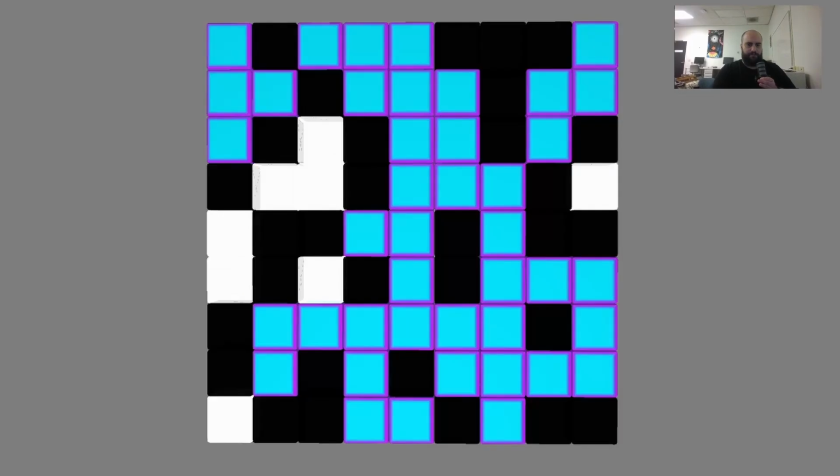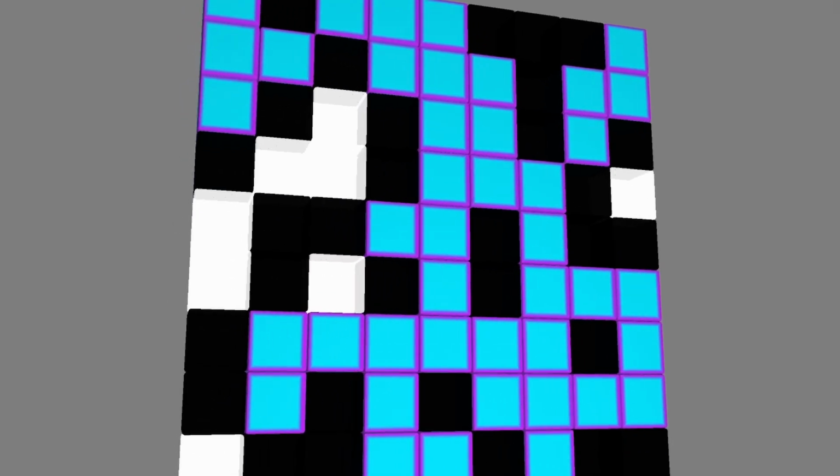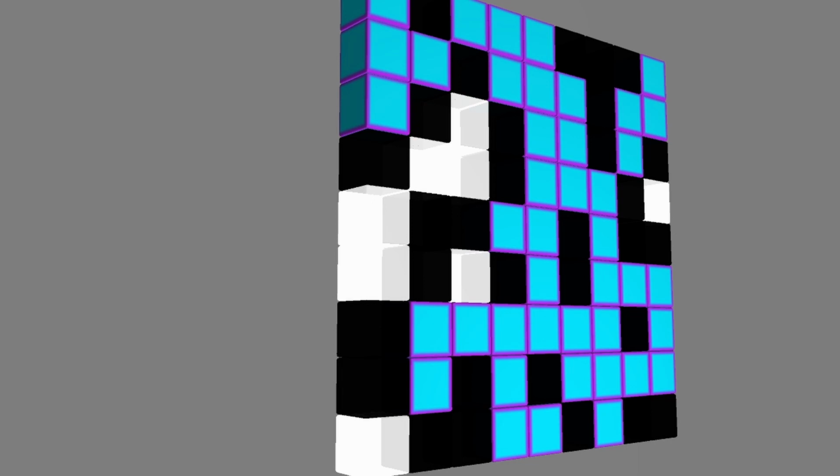So we should start off with just what the 2D graph looks like. Now, this is essentially a simulation of flow in 2D, but I wanted it to work in 3D as well. So I just imagined popping it out, and each one of those squares became a block.